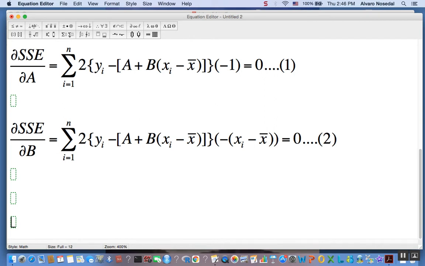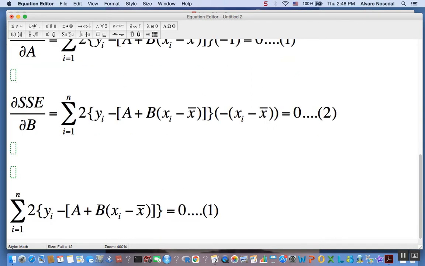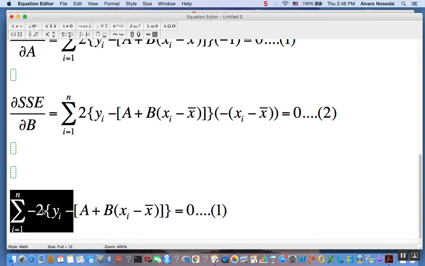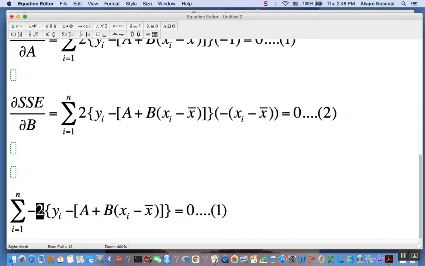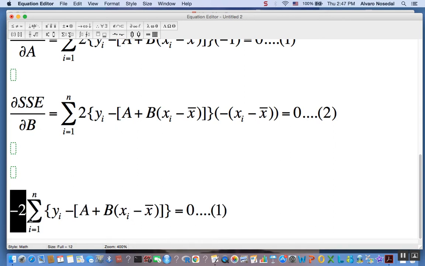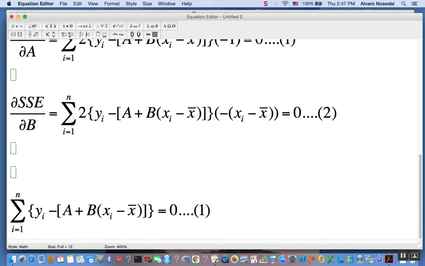So let's play around with the first one. So this one is the same as -2, right? We can factor that out, that -2. And then we can divide on both sides by -2, and then it would go away, right? Okay, so we have simplified that one.